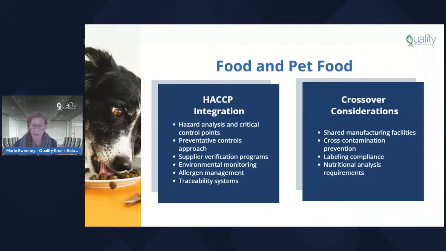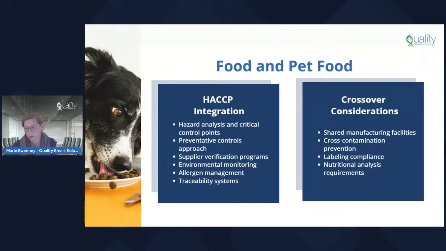Environmental monitoring is also proactively identifying and combating those bacterial and microbial contaminants that may happen. You want to ensure that you are managing any allergens in place, and then traceability technology. So enhancing your supply chain traceability and making sure that you can address a recall as required.